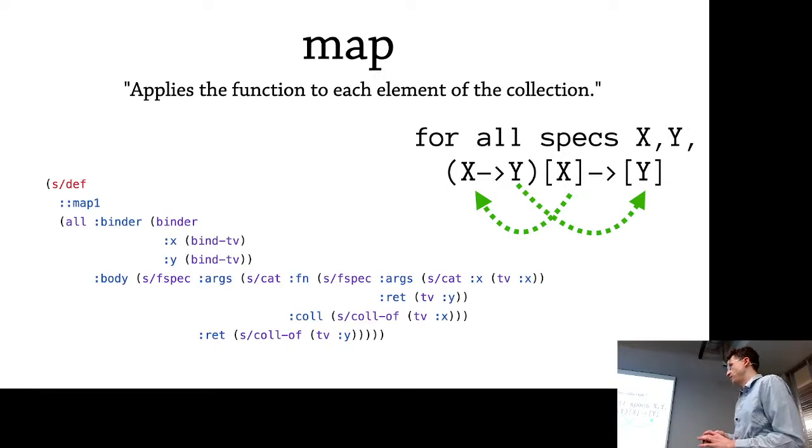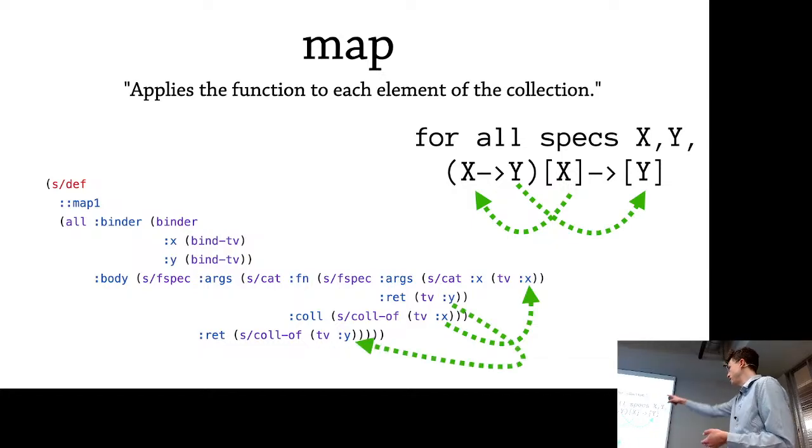Here's the actual schema, and if you have time to look at it, it I guess it doesn't matter the specific details, but you can believe me that this spec looks pretty similar to the one that you would give to map, except we've changed the any's to x's and y's. So the first data flow is from this collection to the input of the function, and the second one is between the y's.